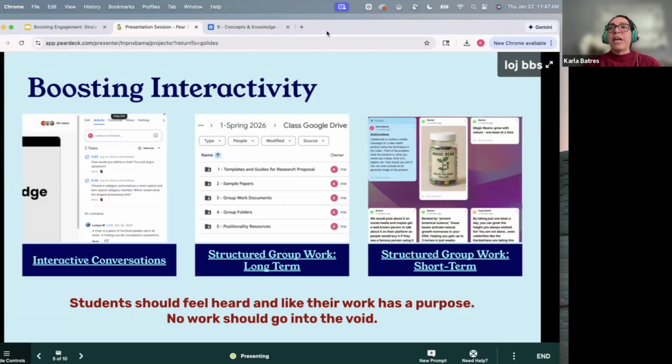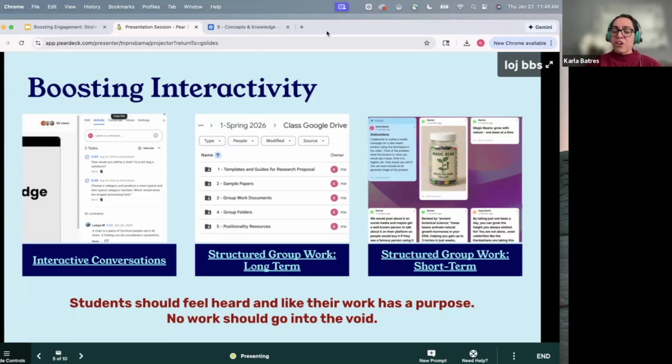It almost creates a built-in support system, right? Like if you're working with these people class after class, or if it's asynchronous over a long period of time, you get to know each other. If you have a question and you don't want to go to the professor, you go to one of your peers, right? And so you need to build the opportunity for them to get to know each other, right?